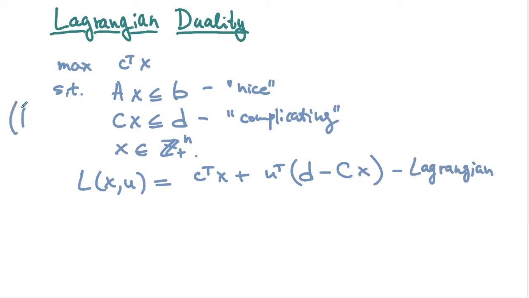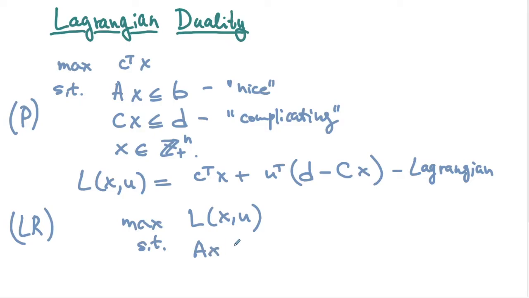If this was our original problem P, then the Lagrangian relaxation will be given by the problem of maximizing L of x, u such that Ax is less than or equal to b, and x is integer. This will be our z of u.